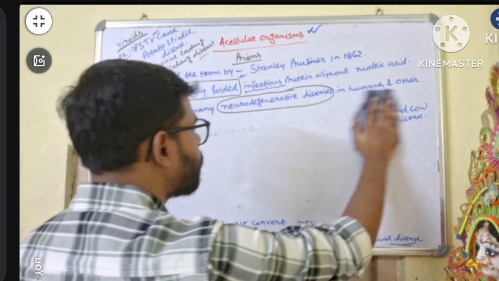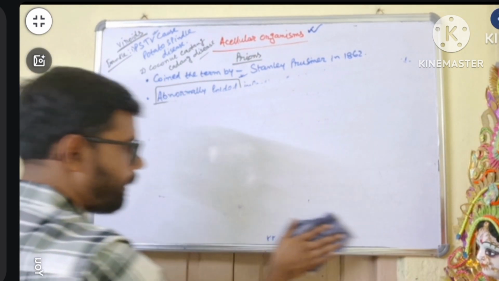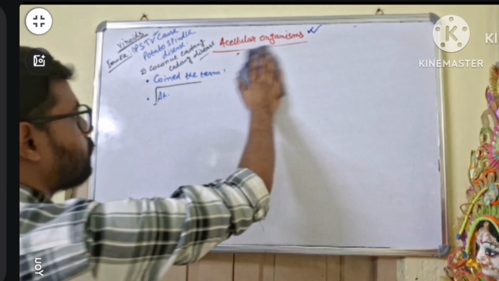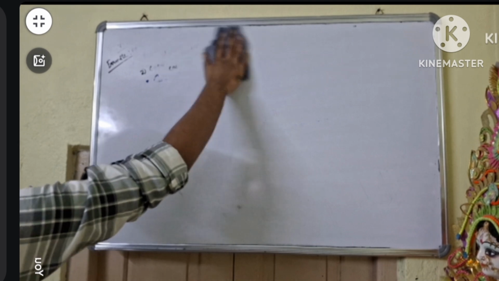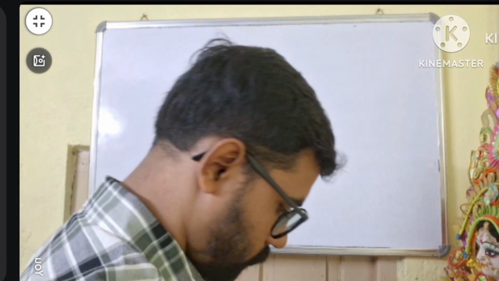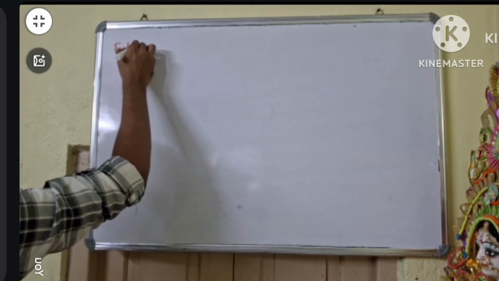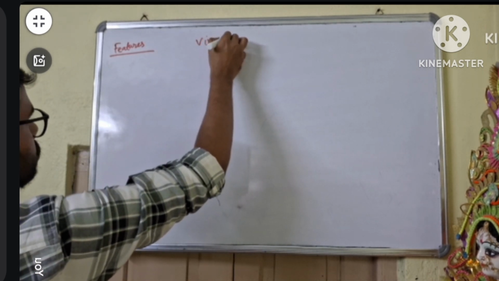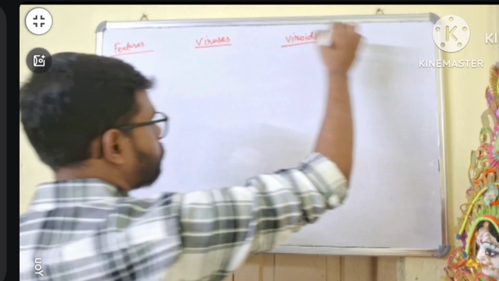So make a comparison between all three acellular organisms, and the concept will be much clearer if the comparison is done. Features: virus, viroids, prions.